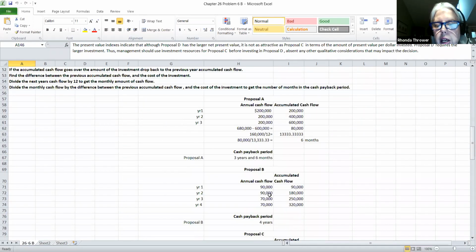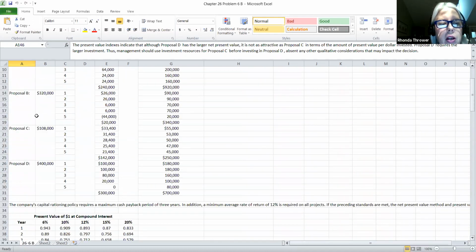In year 2, the annual cash flow was $90,000. I'm going to add that to my accumulated cash flow from year 1 to get me a total cash flow at year 2 of $180,000. Notice $180,000 is not $320,000.